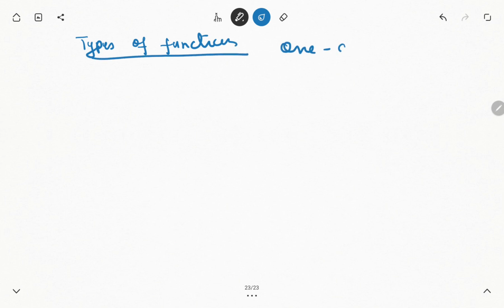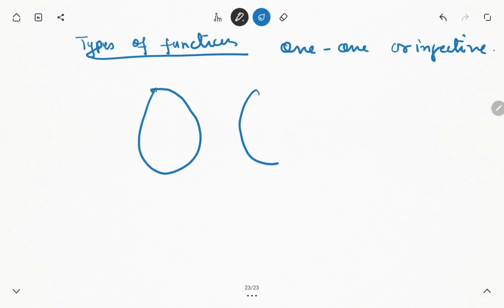Class 12th is giving you types of functions, that is one-one, or known as injective function. We are going by the literal meaning, injective and one-one, so the correspondence must be one to one. Function f is one-one from X to Y.